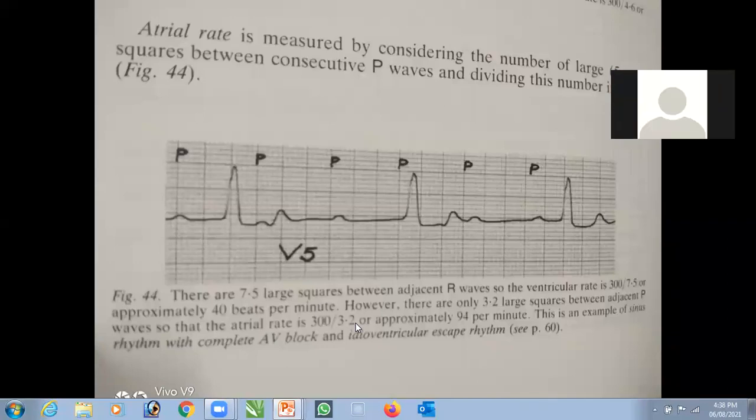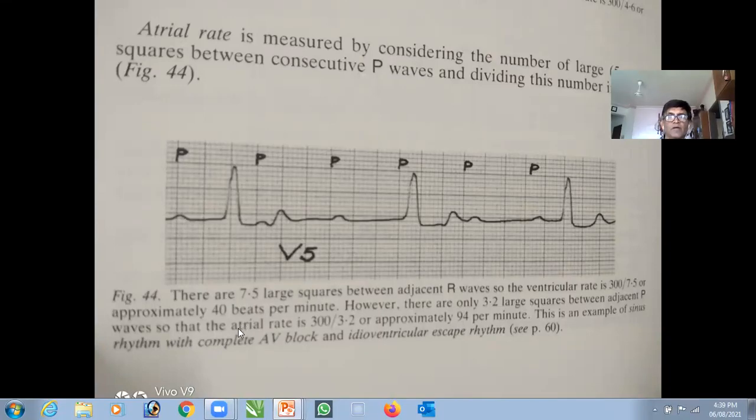Atrial rate is measured by considering the number of large squares between consecutive P waves and dividing this number. Read the lower part. There are 7.5 large squares between adjacent R waves.